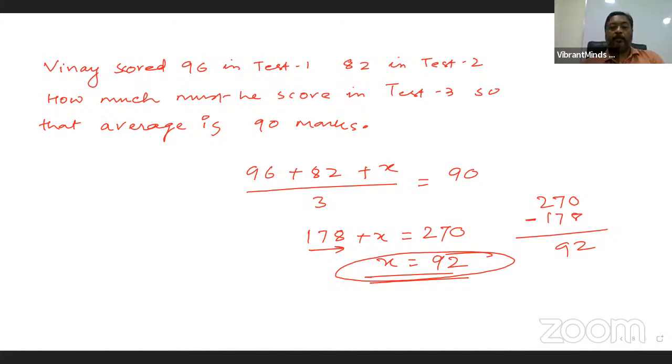Go ahead. We will have our next theory, and that is the weighted average concept. Now see the weighted average concept.